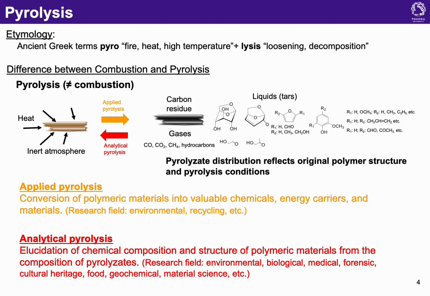In the case of lignocellulosic biomass, pyrolysis produces gases such as carbon monoxide, carbon dioxide, methane, etc., and liquids such as anhydrosugars, furans, and oxygen-containing C2-C3 compounds from cellulose and hemicellulose, and methoxyphenols with a wide variety of side chains from lignin.